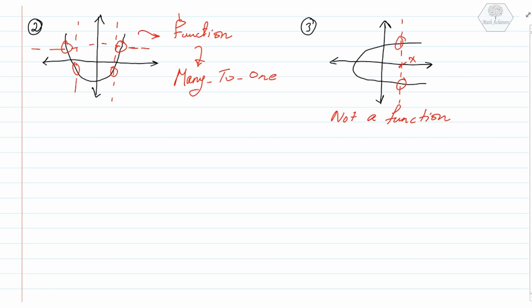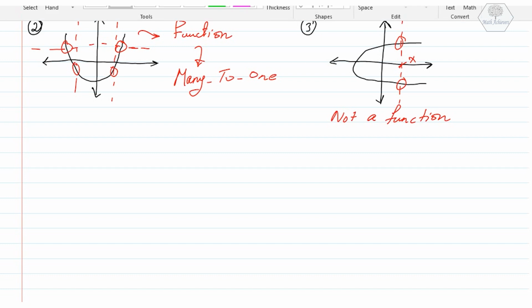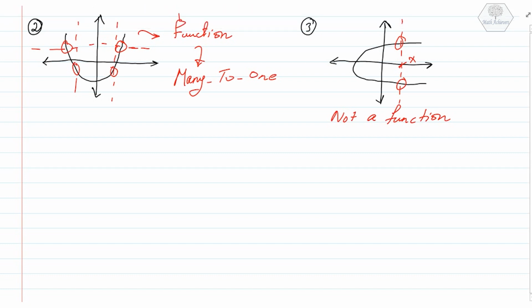After knowing whether the relation is a function or not, and, if it's a function, whether it's many-to-one or one-to-one, we can go to function notation and composite functions.